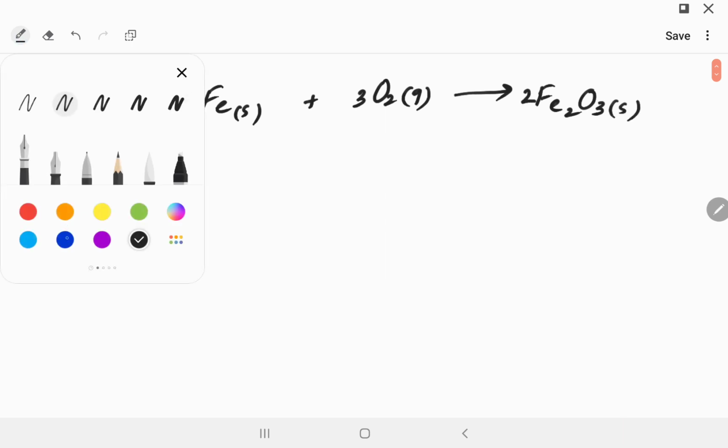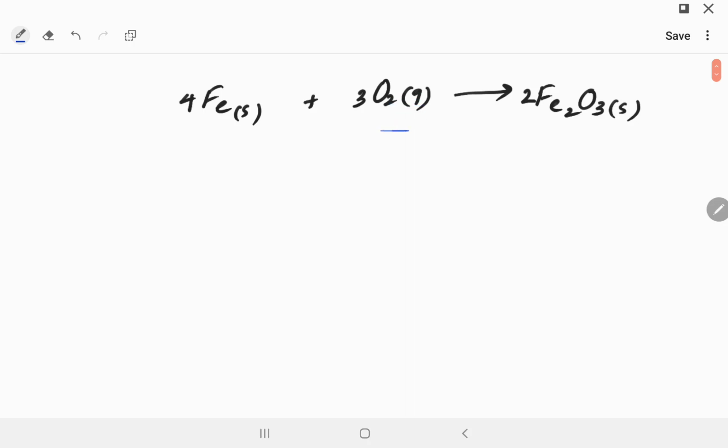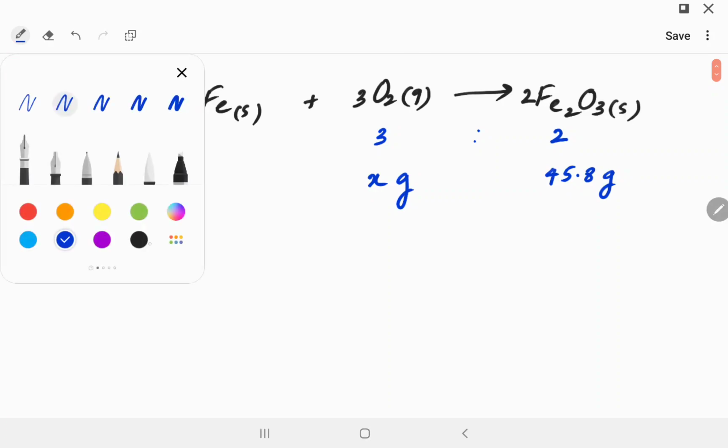The stoichiometric coefficients of importance are going to be 3 and 2, because in this calculation they have given us the grams of iron oxide, which is 45.8 grams, and you want to calculate the grams of oxygen. So these are the calculations that you need to do.